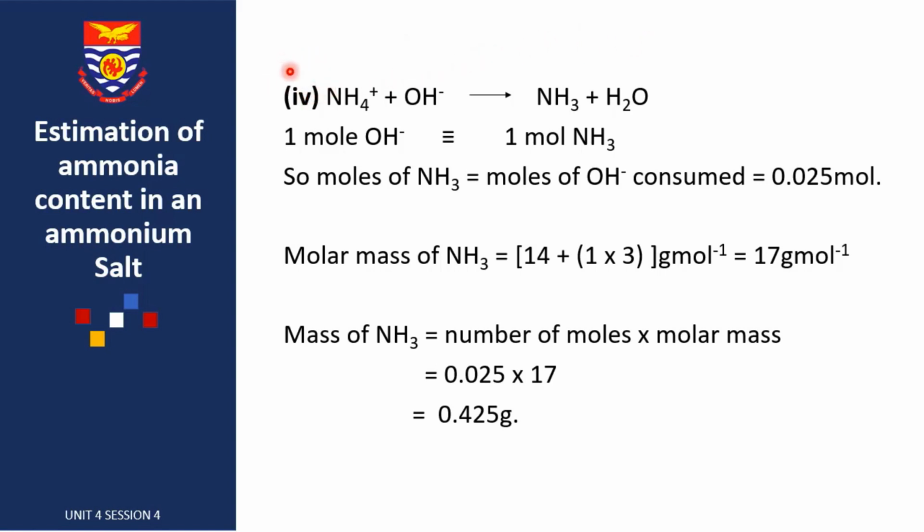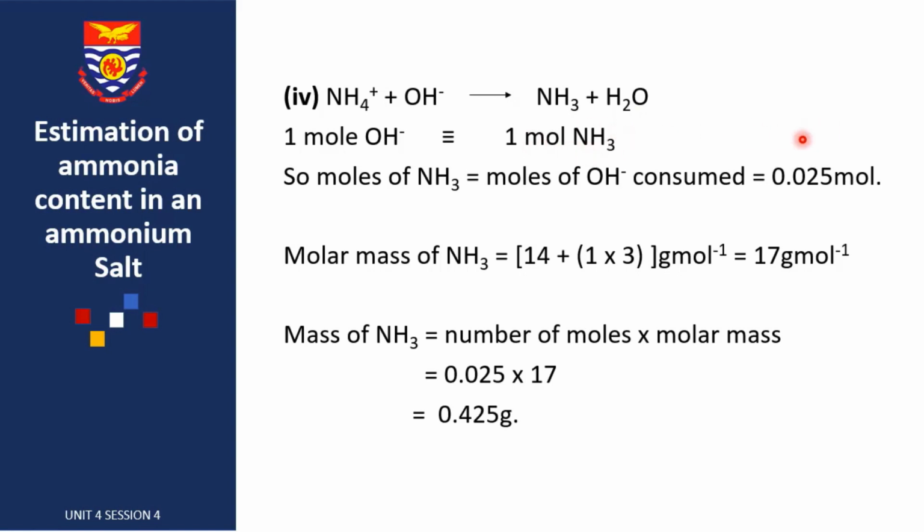And from that equation, 1 mole of the hydroxide reacted with 1 mole of the ammonium ion to give us 1 mole of the ammonia. In other words, 1 mole of the OH minus is equivalent to 1 mole of the ammonia. And so if the mole ratio is 1:1, then straight away the moles of the ammonia NH3 is equal to 0.025. That's the moles of the OH that was consumed.